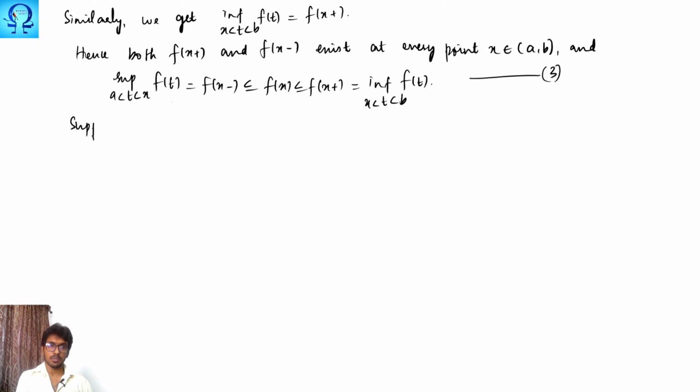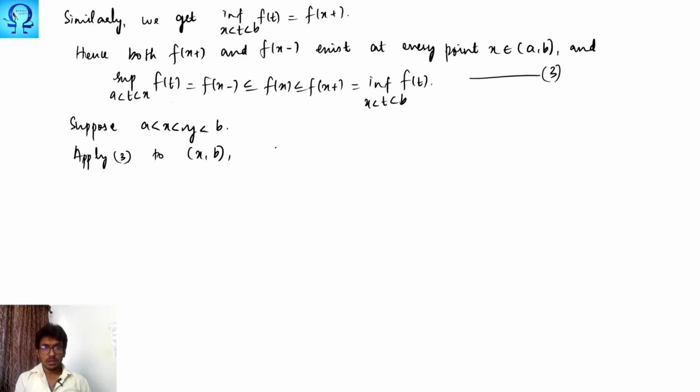Now let us suppose a less than x less than y less than b. Now we will have to apply the third equation to the interval (x, b). So this part alone we are going to check.